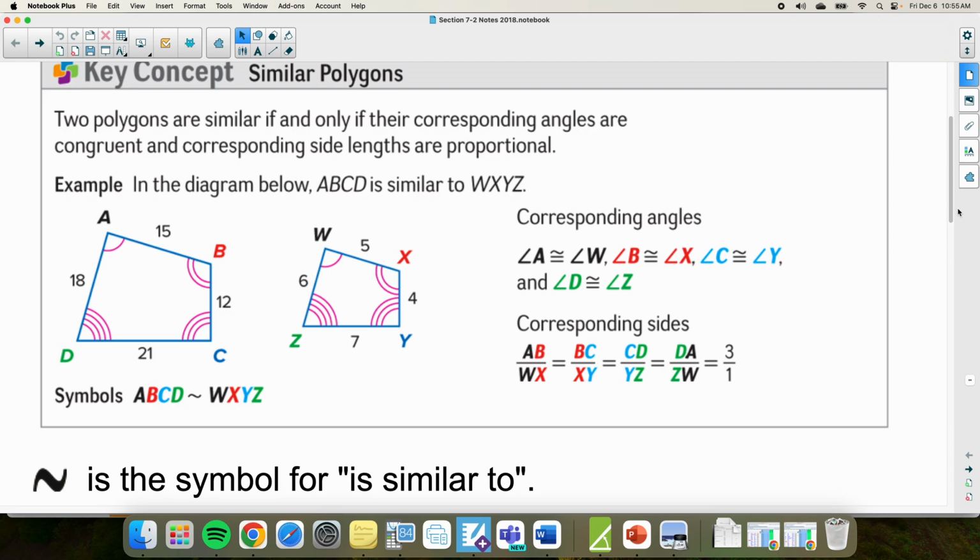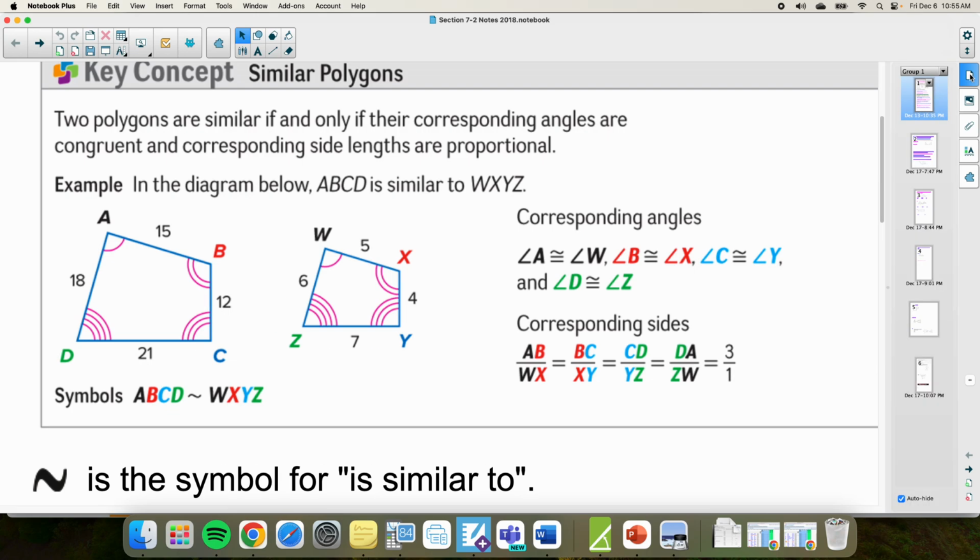And then your corresponding sides are going to be the same ratio. So if you took the smallest side here over the smallest side here and reduced that, that should equal the second smallest over the second smallest, third smallest over third smallest, and the largest over the largest. Okay, that's what similar figures or polygons are going to have.